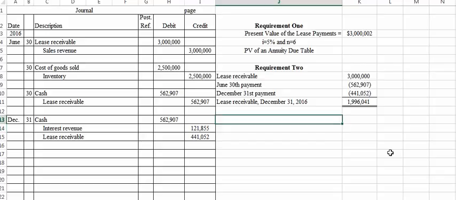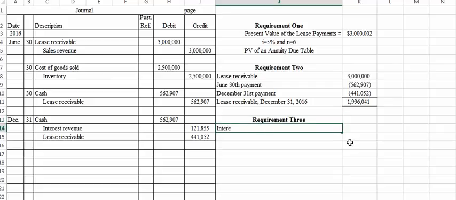And then on requirement 3, they want to know what would be the income statement effect. Well, it's a little different than the last time. We still have interest revenue for 2016.